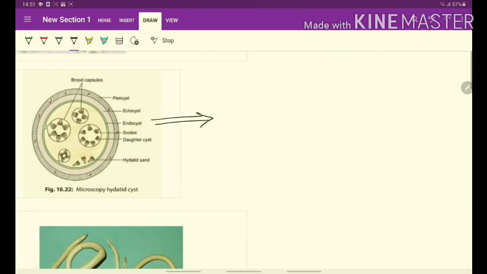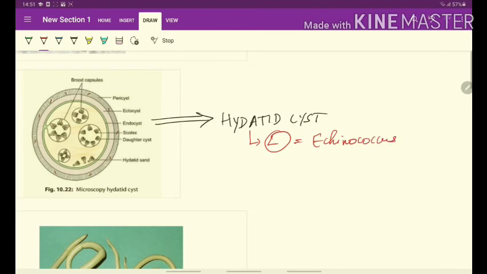This is an image of hydatid cyst. The hydatid cyst is the larva of the dog tapeworm Echinococcus granulosus.